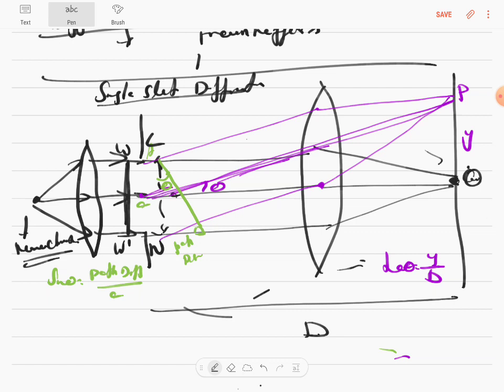The incident plane wavefront disturbs all parts between L and N, and the secondary wavelets emerge from every point between L and N.